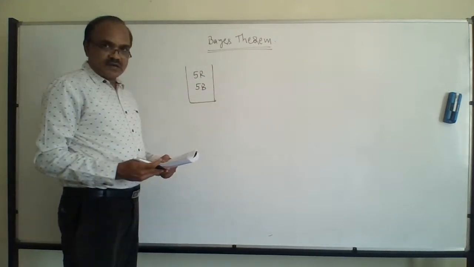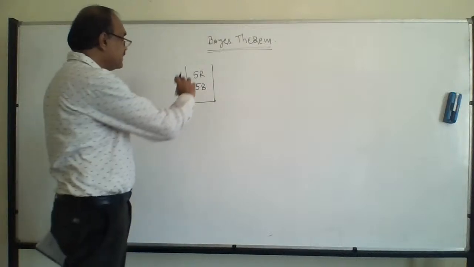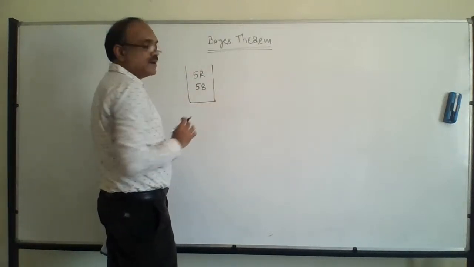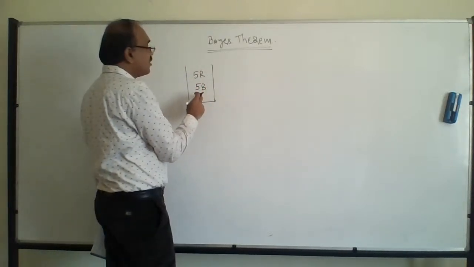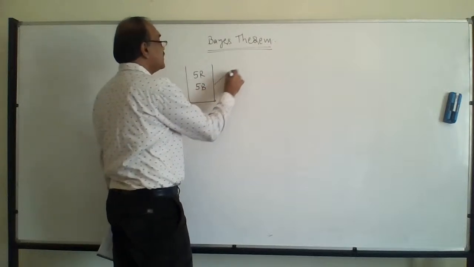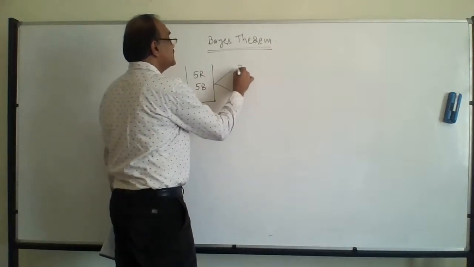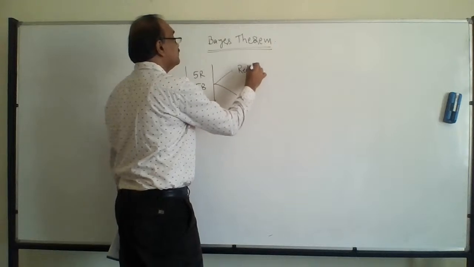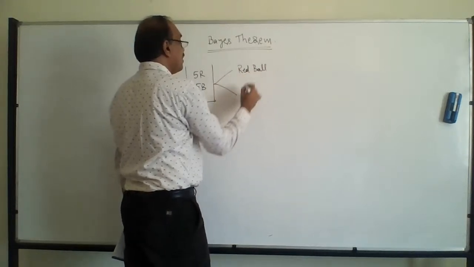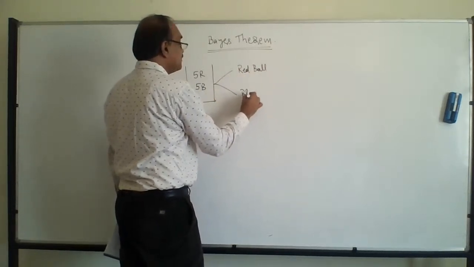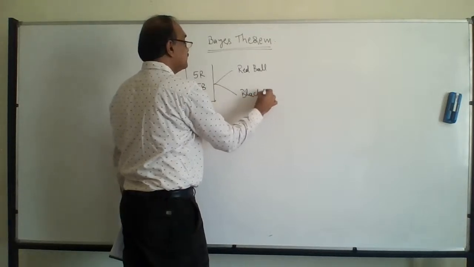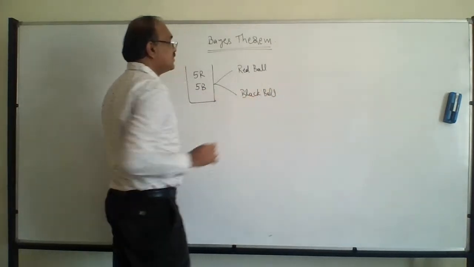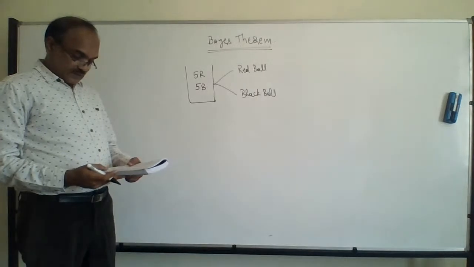A ball is drawn at random. So from here, you are picking a ball at random. So you may get a red ball or you may get a black ball. Two scenarios possible. That is red ball or black ball, right? So that also you can visualize.